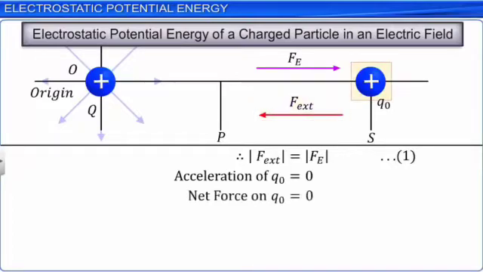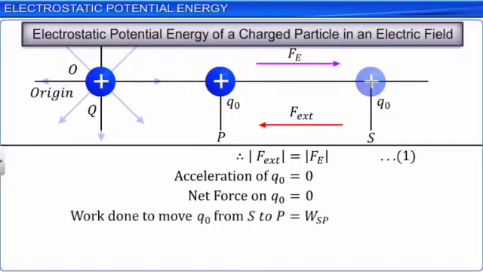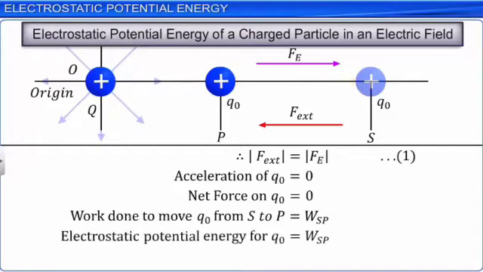The charge Q0 must be brought from point S to point P at a very low constant speed. The work done to move Q0 from point S to point P is denoted by WSP and is stored as electrostatic potential energy for charge Q0.